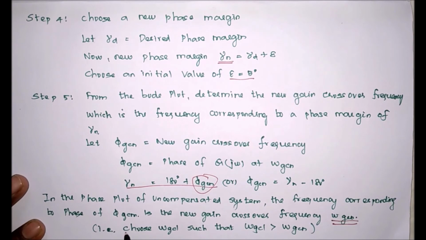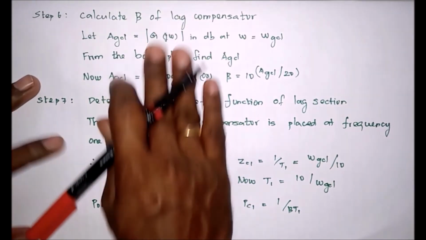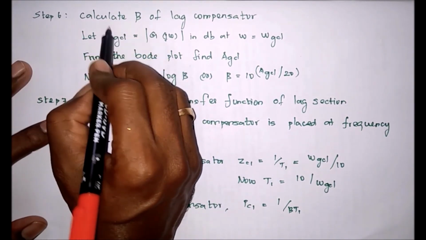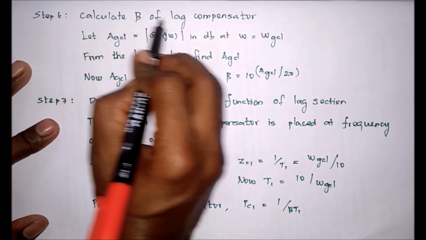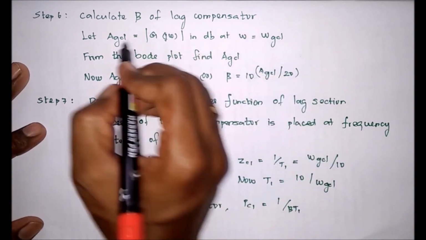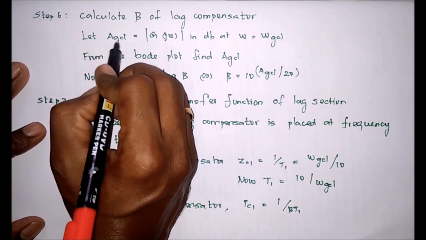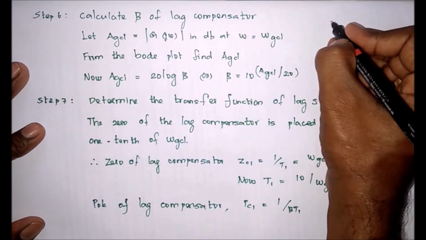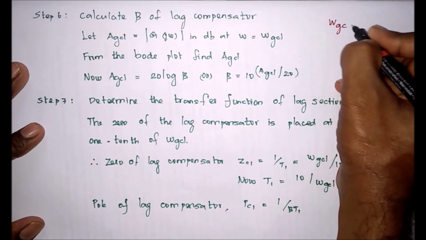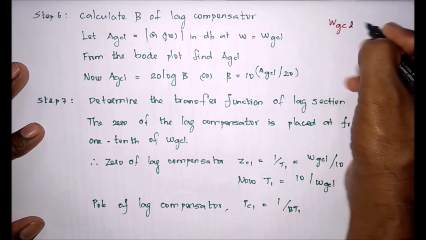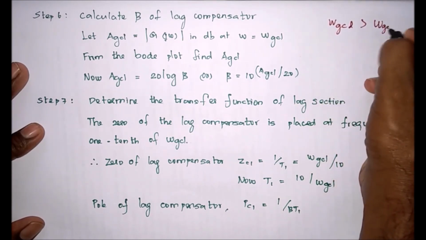So now we have to select a new frequency omega GCL that should be greater than this omega GCN. After selecting it, we have to calculate beta of the lag compensator. In the previous step we found omega GCL, which is greater than omega GCN.